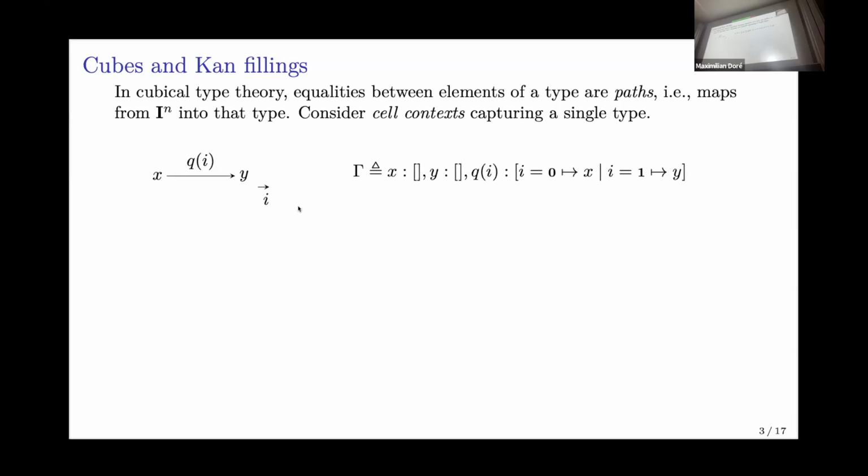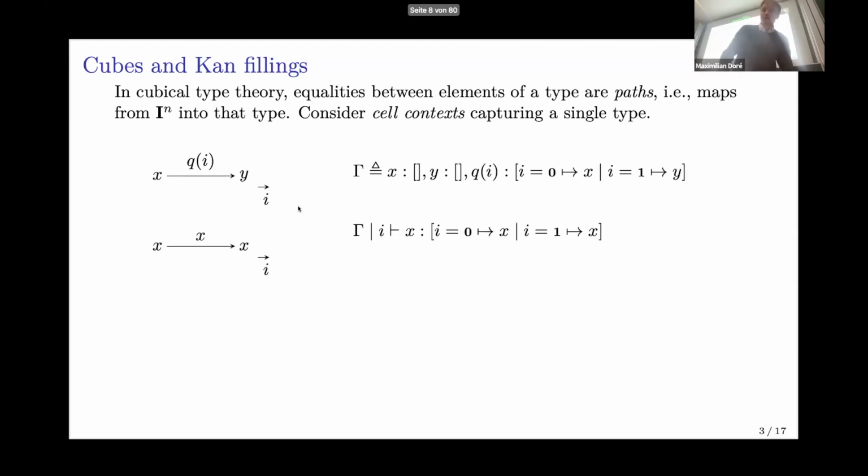In this way, we can talk about the homotopical structure that this type possesses. Then we can wonder what kind of new paths we can build. For instance, just using our initial three elements, in this cell context describing our path, suppose we have another interval variable I. We could say we have an element X, which now lives in a one-dimensional context.